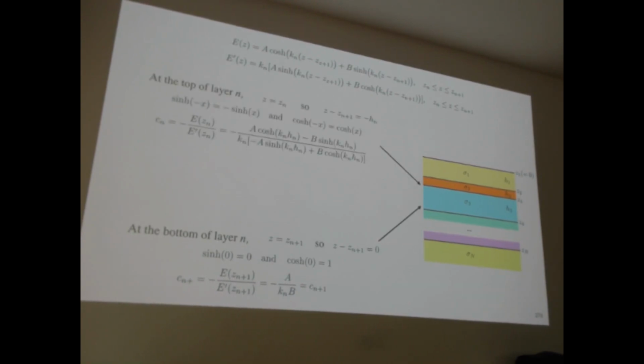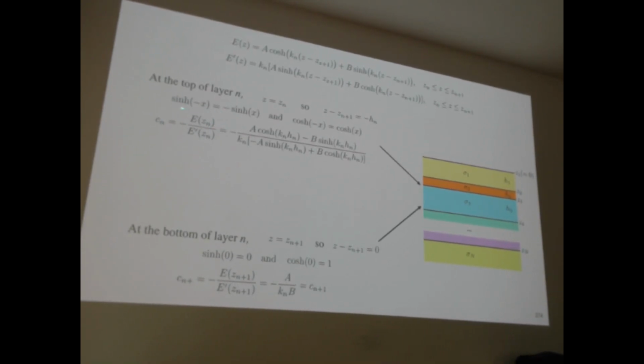So what's the impedance at the top of the layer? At the top of the layer, z equals z_n. So I'm just looking at the top of the same layer here. So this z minus z_{n+1} becomes the negative thickness of the layer, right?